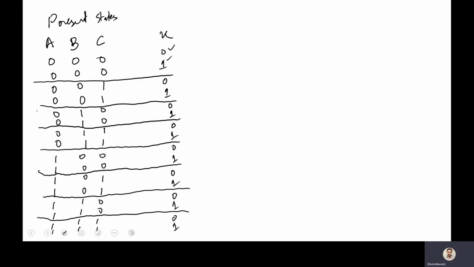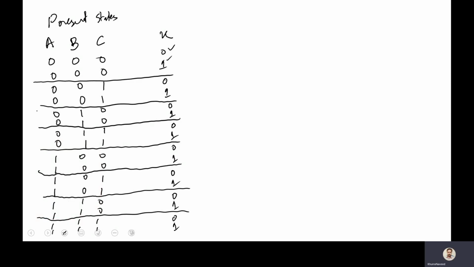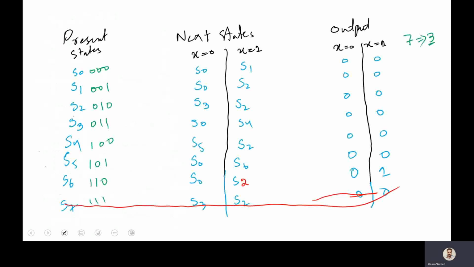To write the next state, we need to go to the state table again and see what the next states are in case of certain input, right? So when the present state is S0 and input is 0, the next state is S0.